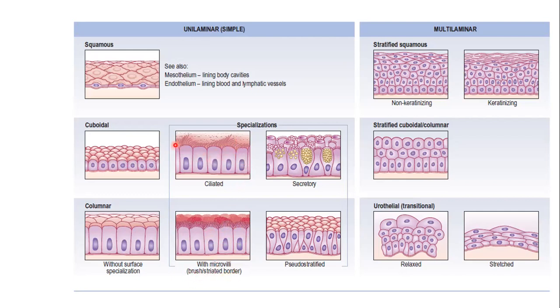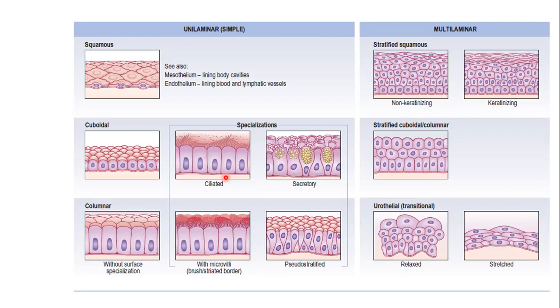We'll start with cilia. The function of cilia is movement. You see the cell is not moving, but cilia is moving. So the cells remain fixed or static, but cilia moves in one direction. Cilia is found in pseudostratified columnar epithelium and also columnar epithelium.